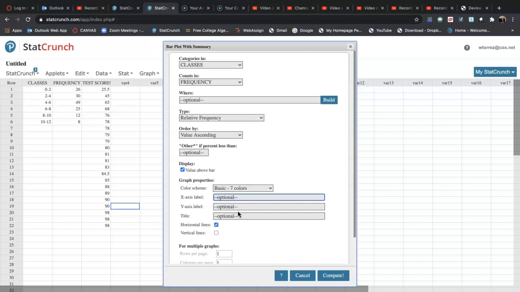And then what's required here is to label the axes. The x-axis here now is the hours played. Okay. And then our y-axis is relative frequency. Let's put in a title here. It's optional, but we'll title it relative frequency histogram for hours played.